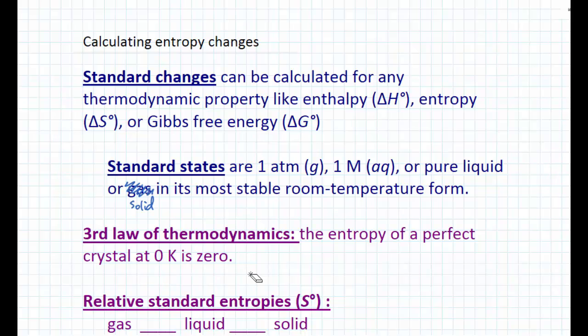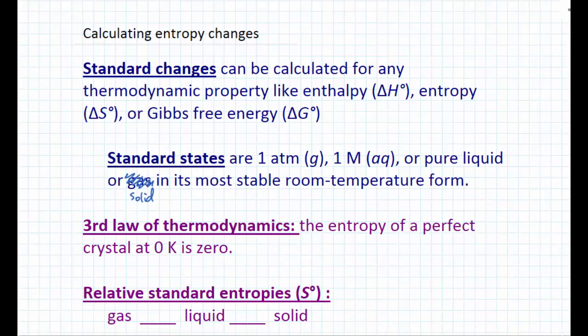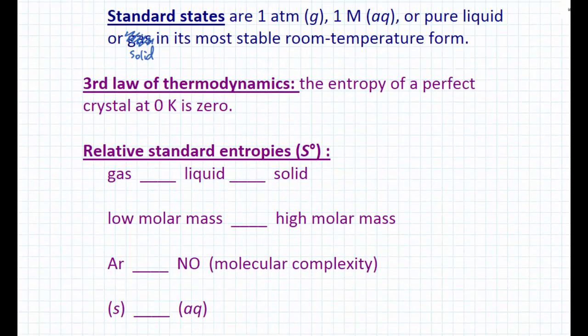So because of that, and because you can calculate entropy changes, it's possible to have specific entropy values for things, because we have that sort of starting point. So we can use that to compare the entropy of just a particular phase of a substance. But again, it's the same comparison that we've been talking about.